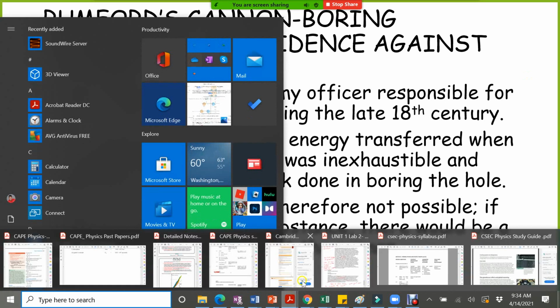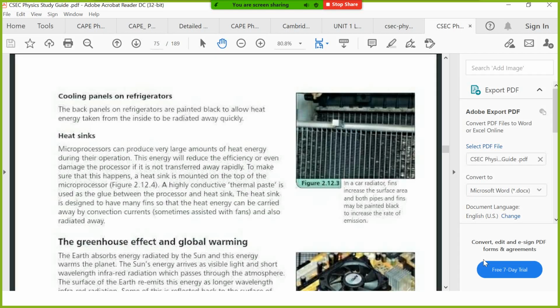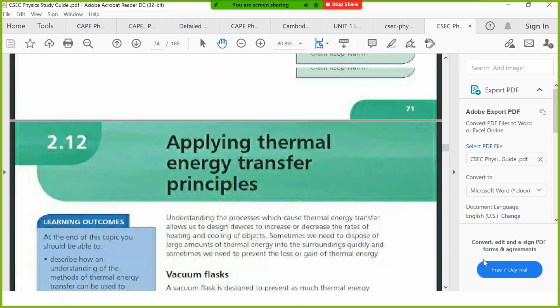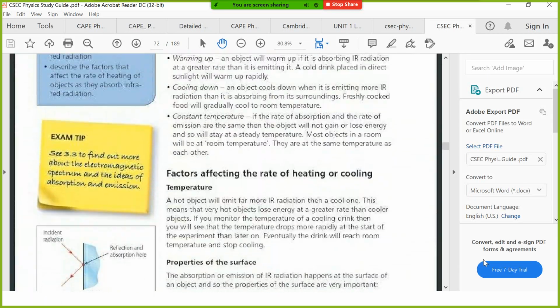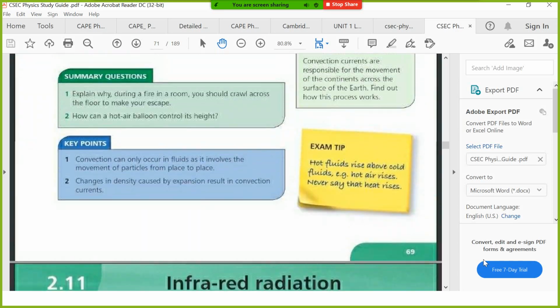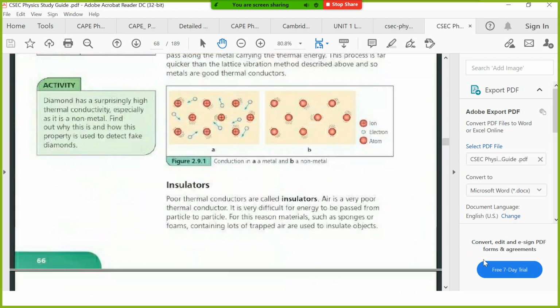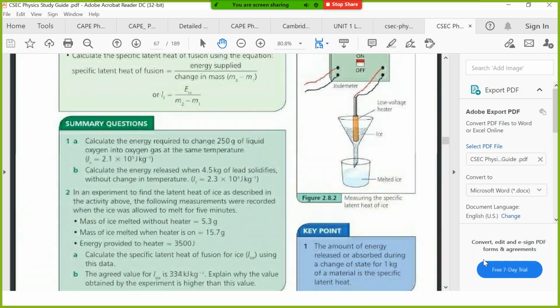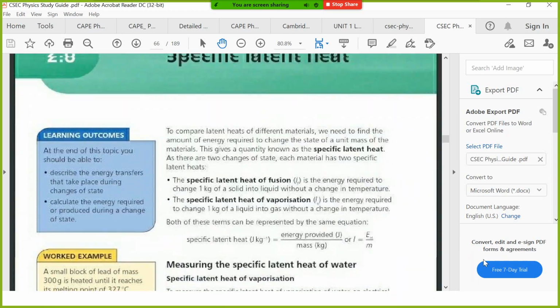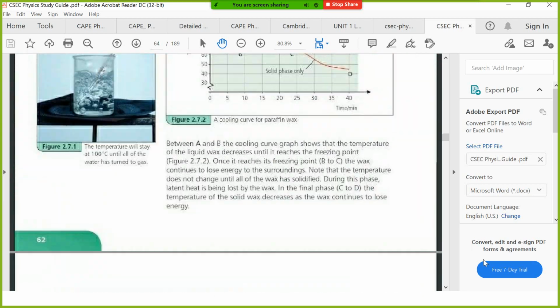Let me just check this textbook here to see if it has anything related to that. All right, give me a second here. All right, give me a second to just check this book.